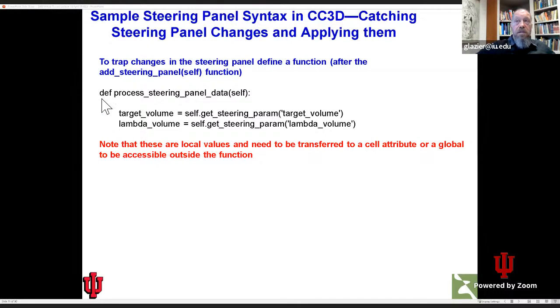So the function process steering panel data will be called anytime somebody manipulates the steering panel. You don't know when that will be because it's event-driven, user-driven input. When it does, you go in and you read the value here of target volume.